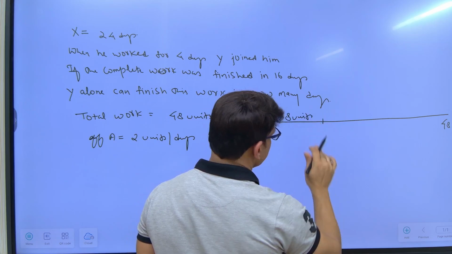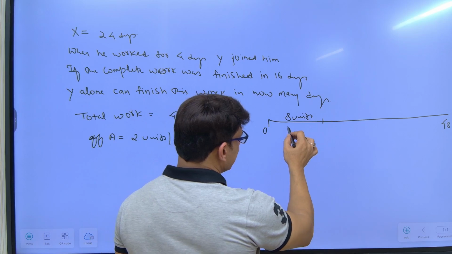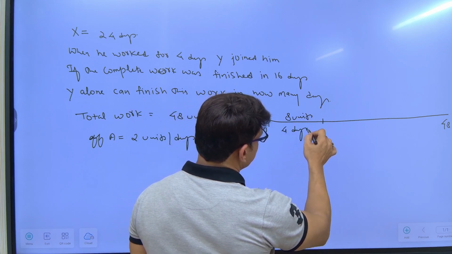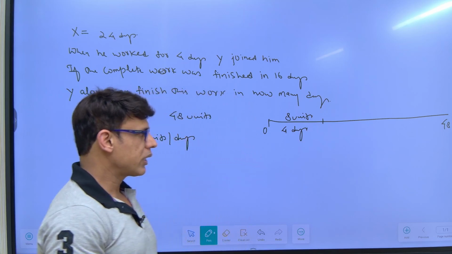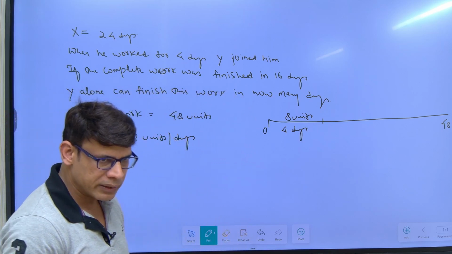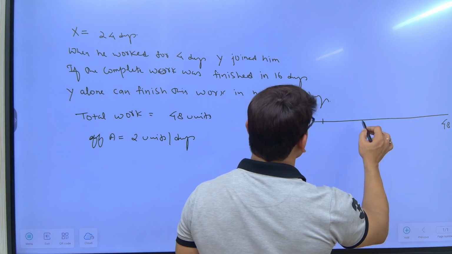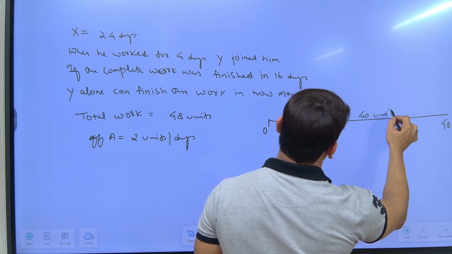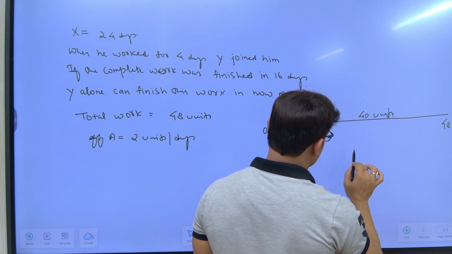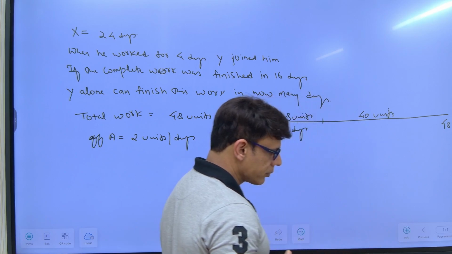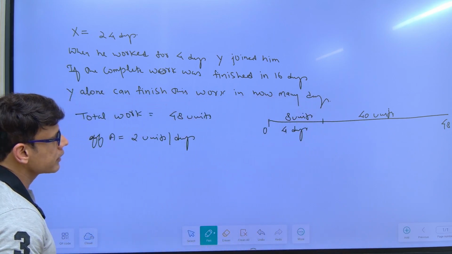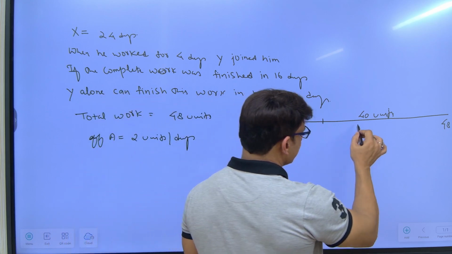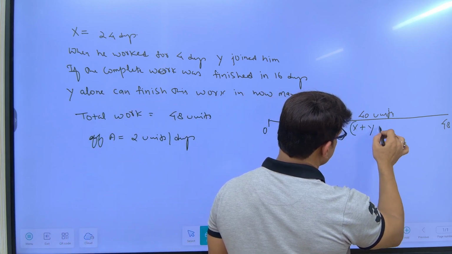In 4 days, he will finish 8 units of work. Out of 48, since 8 is now done, how much is remaining? 40 units. And now this 40 units of work will be done by whom? X plus Y, right?